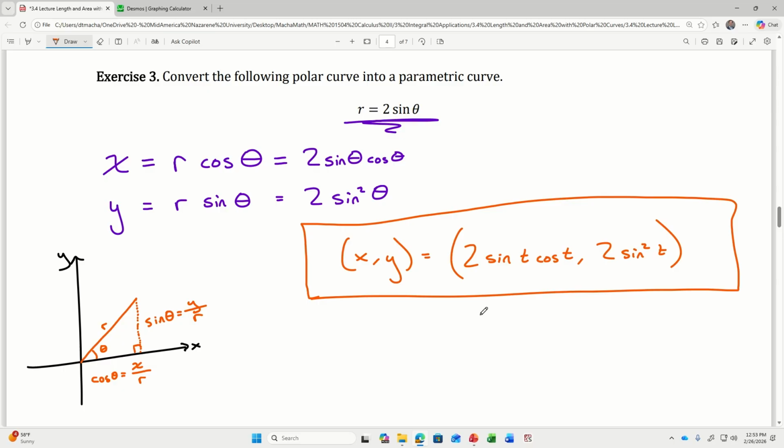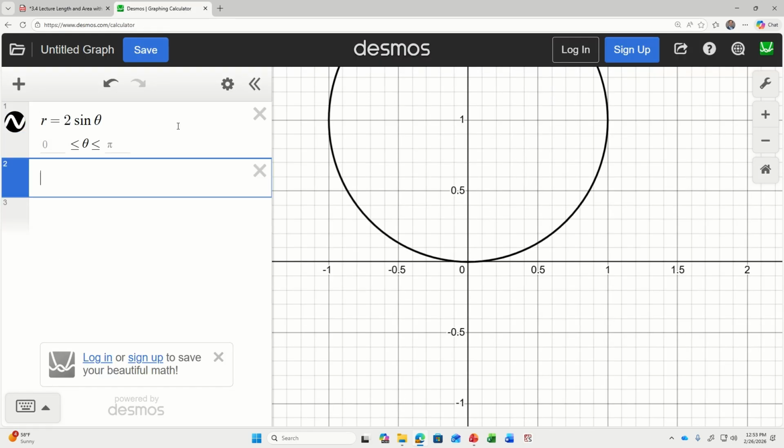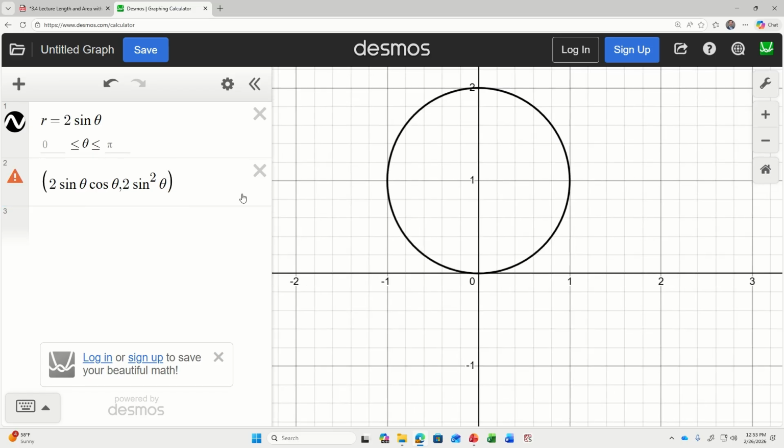And the way you would check your answer here is you go back to Desmos and you say r equals 2 sine theta. And then the parametric curve was 2 sine theta cosine theta, comma 2 sine squared theta. Oops.